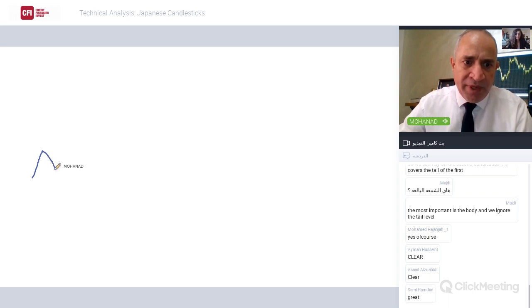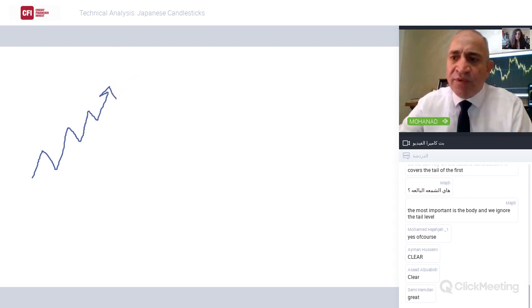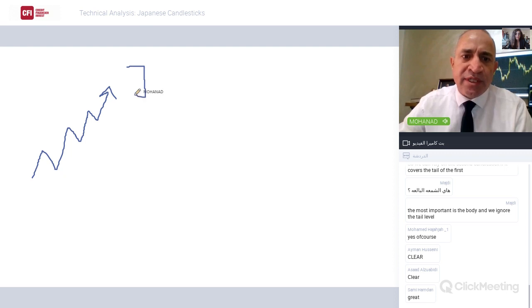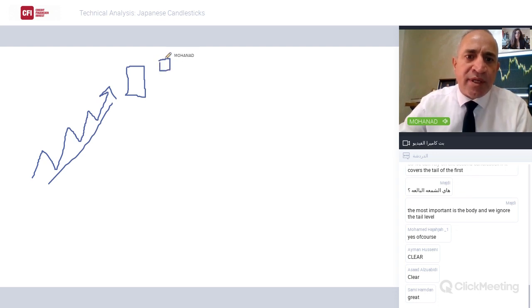The evening star appears at the end of an uptrend and consists of three combination candlesticks. The first one is a white candlestick, representing the uptrend, followed by a small body, regardless of the color of the candle, white or black.